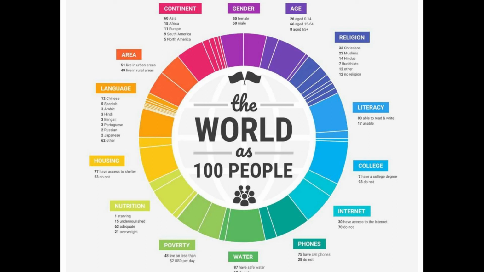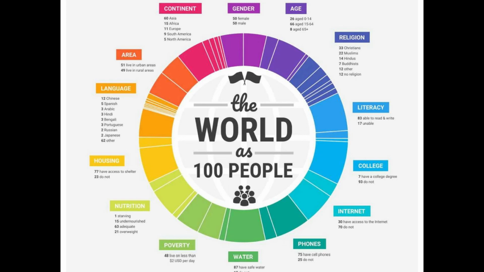Age 26%, 0 to 4 age, 66% from 15 to 64, that is working age, and 8% age more than 65. And religion wise, out of 100, 33 are Christian, 22 are Muslim, 14 are Hindu, 7 are Buddhist, 12 are other, and 12 are no religion.